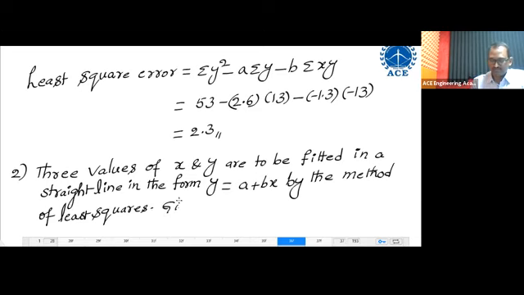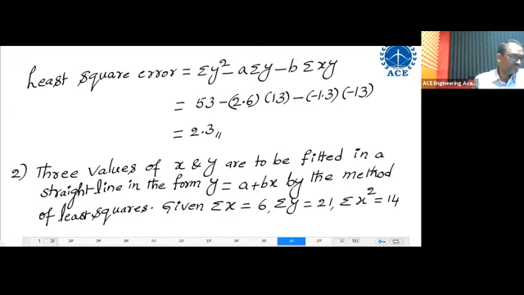Given sigma x is equal to 6, sigma y is equal to 21, sigma x square is equal to 14, sigma xy is equal to 46.